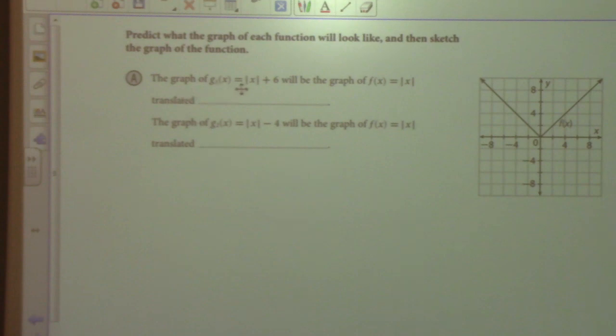The graph of g of x equals absolute value of x plus 6 will be the graph of f of x equals absolute value of x, translated which way or how? What is this going to do here? What do you predict, Bryce? Okay, translate up 6 units, right?